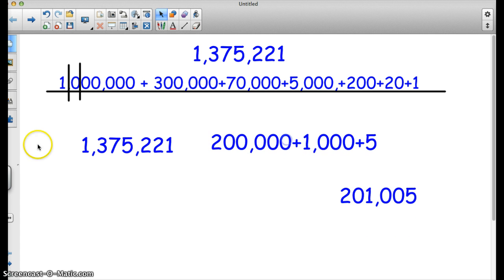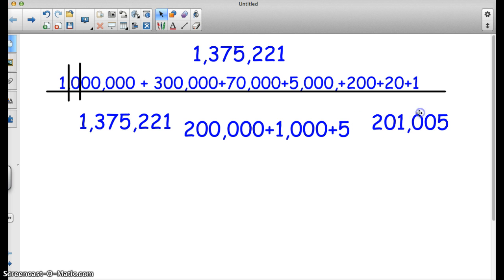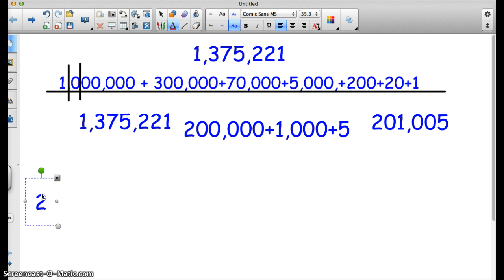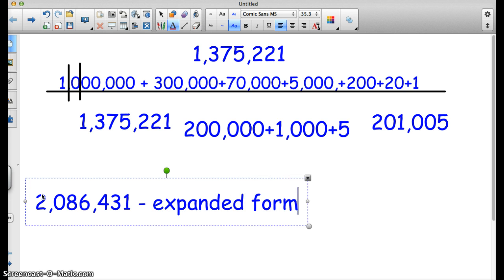For your homework today, I would like you to post the answer to these 2 questions on our Halton Cloud or on our Google Classroom feed. So the first is, can you make this one expanded form? 2,086,431. Expanded form, please.